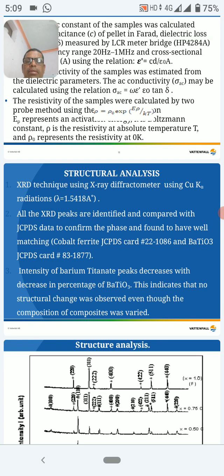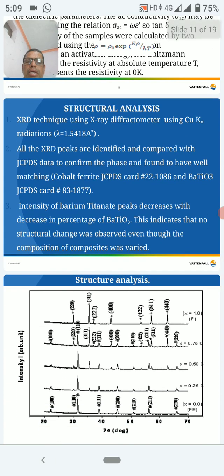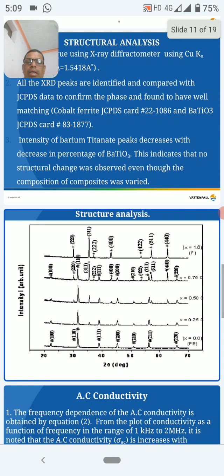Intensity of the barium titanate phase decreases with a decrease in the percentage of barium titanate, and this indicates that there is no structural change observed through this composition. You can see here the XRD pattern of ferrite, ferroelectric, and their composites.